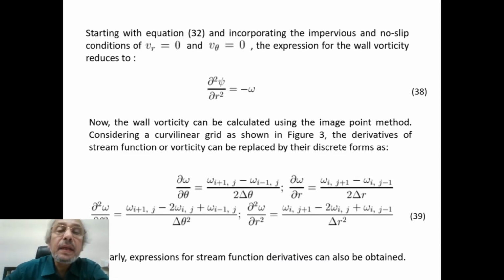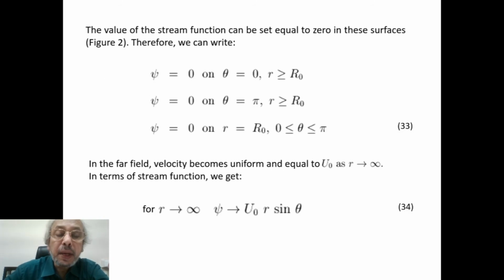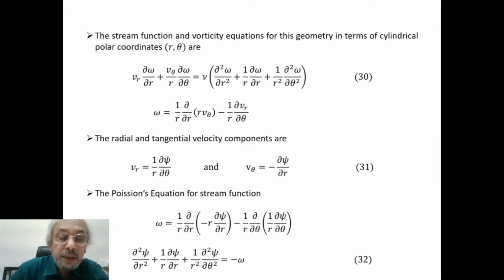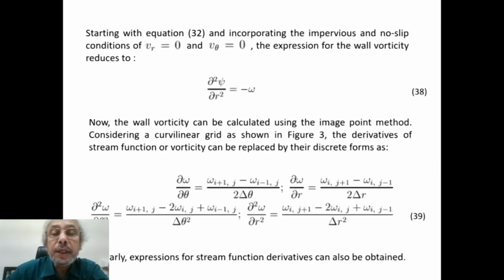Then again, going back a few slides to equation 32, if we set the conditions V_r equal to 0 and V_theta equal to 0 and take the corresponding stream function, we get ∂²psi/∂r² equal to minus omega.